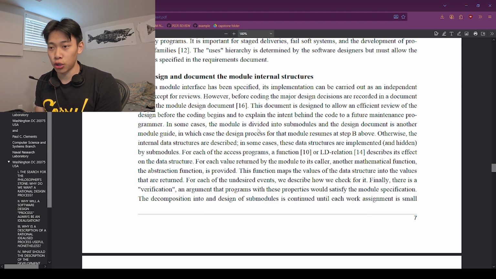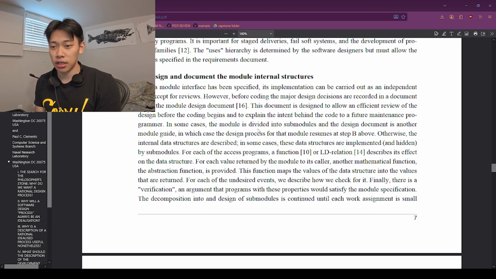For each value returned by the module to its caller, another mathematical function, the abstraction function, is provided. This function maps the values of the data structure into values that are returned. For each of the undesired events, we describe how we check for it. Finally, there is a verification, an argument that the programs with these properties would satisfy the module specification.